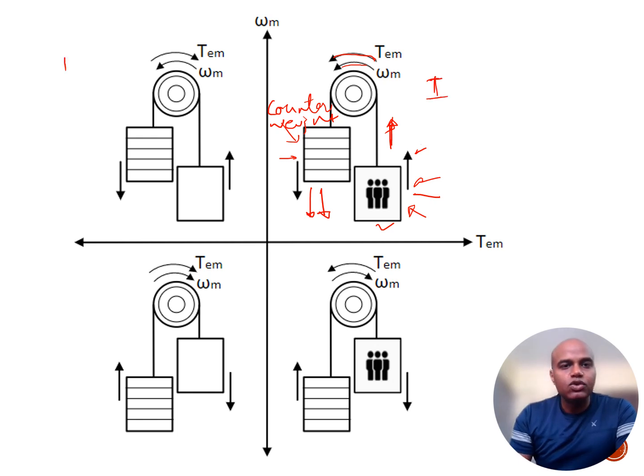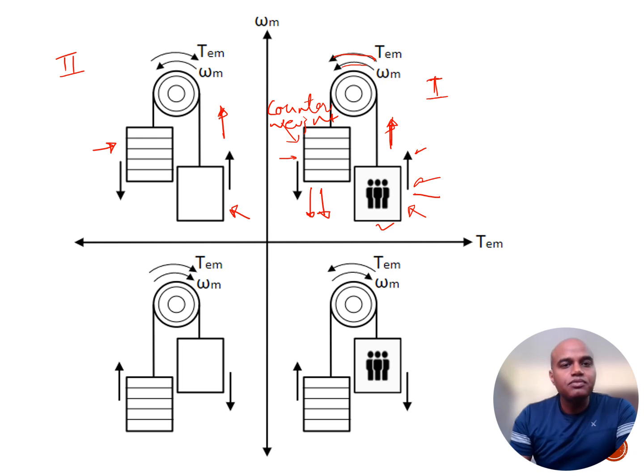Coming into the second quadrant. Now assume that I need to pull the empty hoist chamber in the upward direction, and as we know, the counterweight is now more than the empty hoist.